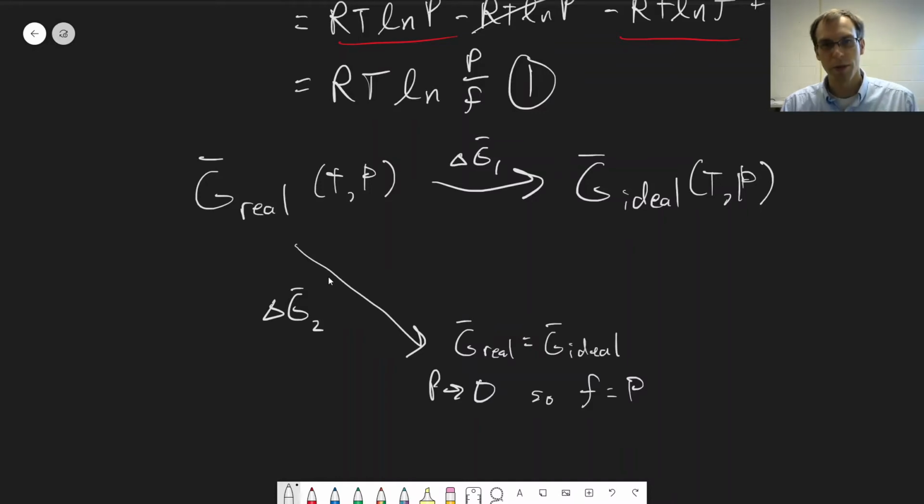At some point we lower the pressure enough that the gas behaves like an ideal gas. And then, keeping it at ideal behavior, we increase the pressure again to get back to this imaginary point of the ideal gas at the higher pressure. So this is an alternative way of getting here. In the next video, we'll look at what these other two delta G expressions are and how we can use them to find the fugacity.